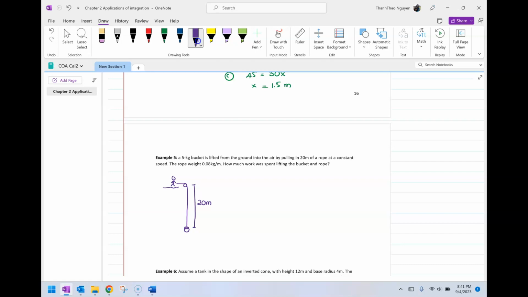The rope weighs 0.08 kilogram per meter. How much work was spent lifting the bucket and the rope?